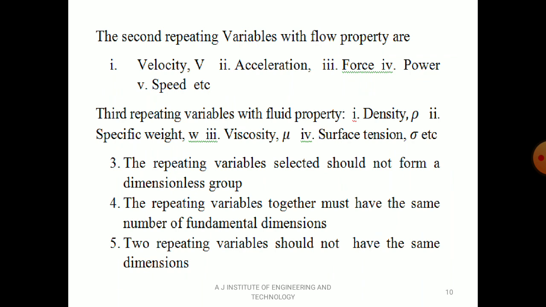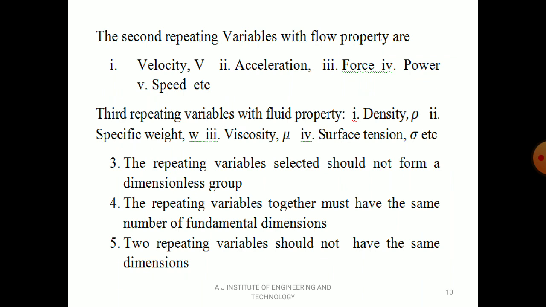So what are the parameters governing motion? Say velocity, acceleration, force, power and speed. So that has to be taken as the repeating variable with flow property. We can select any one of the following: velocity, acceleration, force, power and speed, depending on the condition. Then the third repeating variable is with fluid property. This is related to the property of the fluid. What are the properties of fluid?